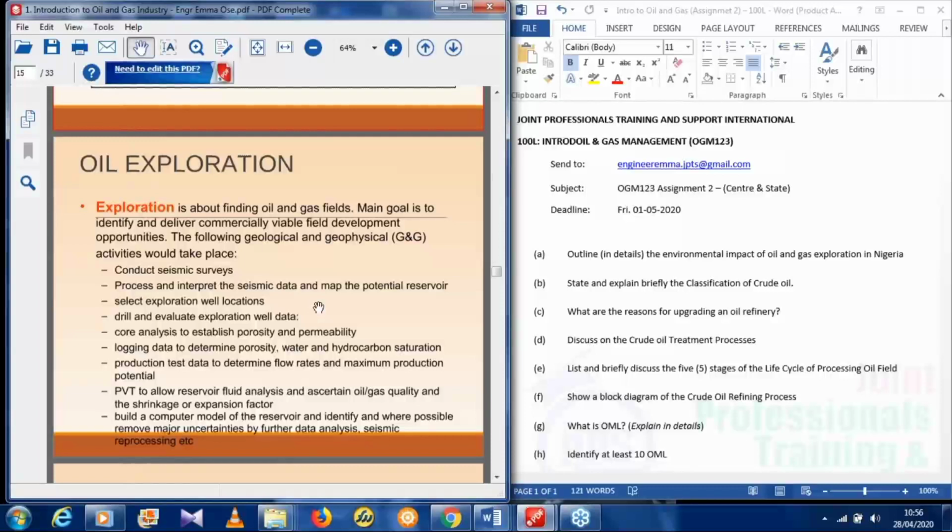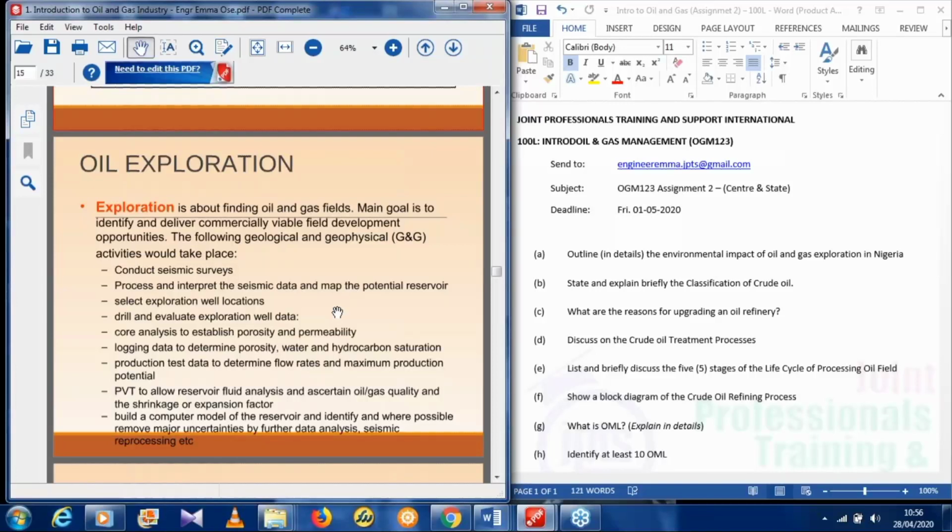Now, under exploration, we have the following stages. Number one is to conduct a seismic survey. I've explained that before: a seismic survey is from an area where we try to locate the likelihood of oil and gas reserves. Then we process and interpret the seismic data and map the potential reservoir.